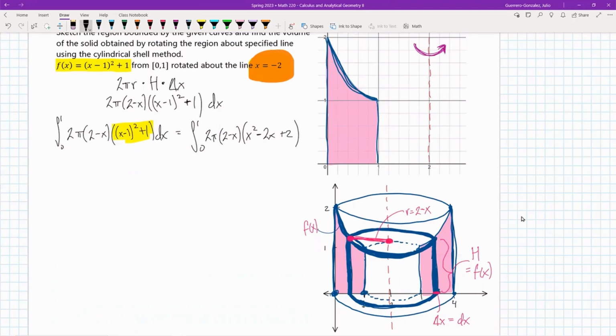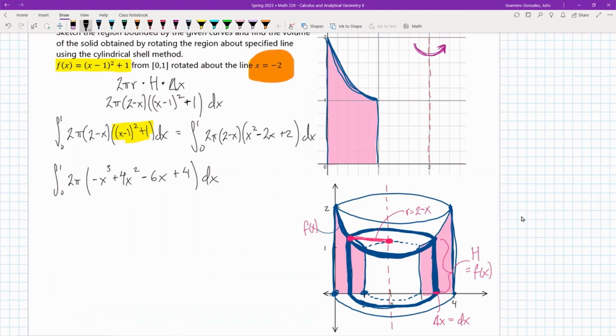Okay. And if you expand this all out, the integral from 0 to 1 of 2 pi times minus x to the third plus 4x squared minus 6x plus 4 dx.